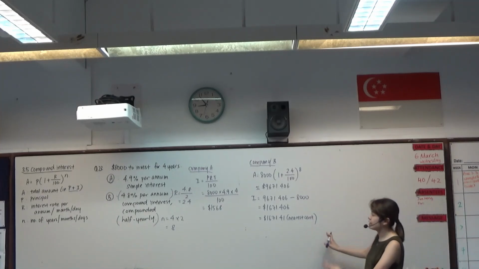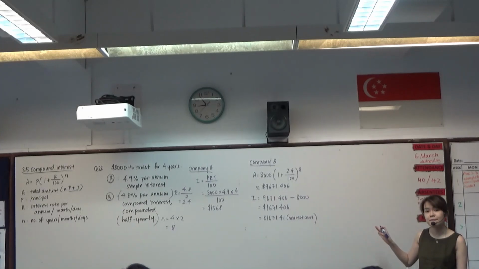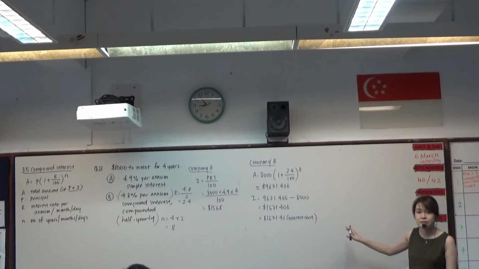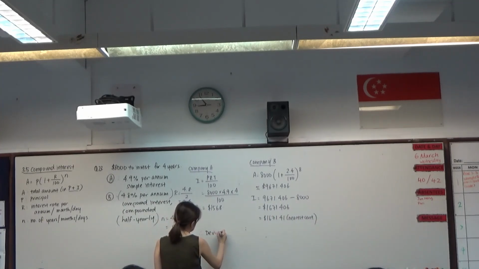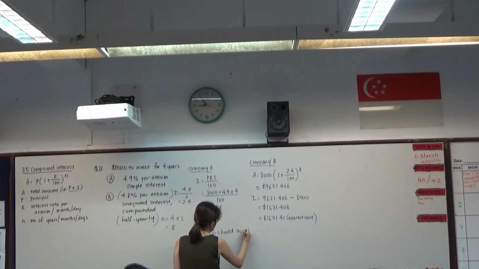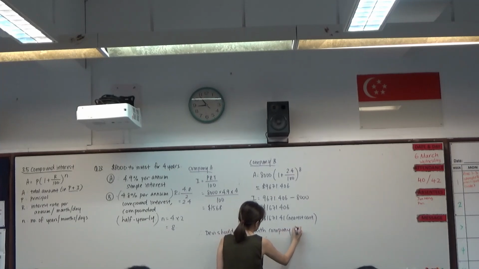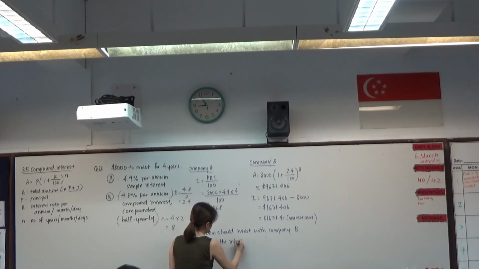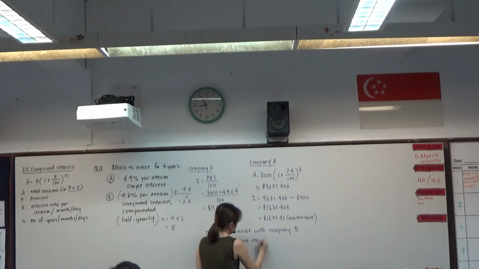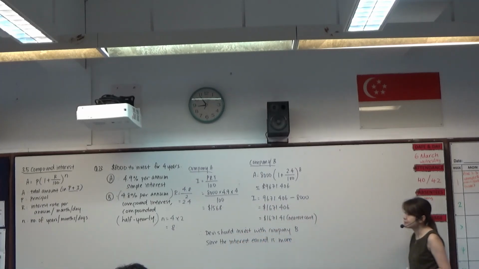So therefore, looking at the interest amount, our decision should be to invest with company B. The reason is because the interest earned is more.